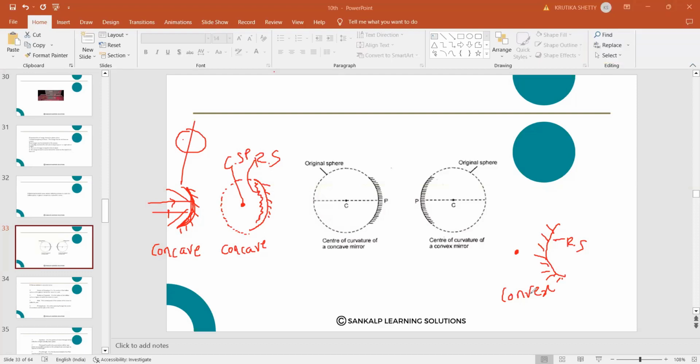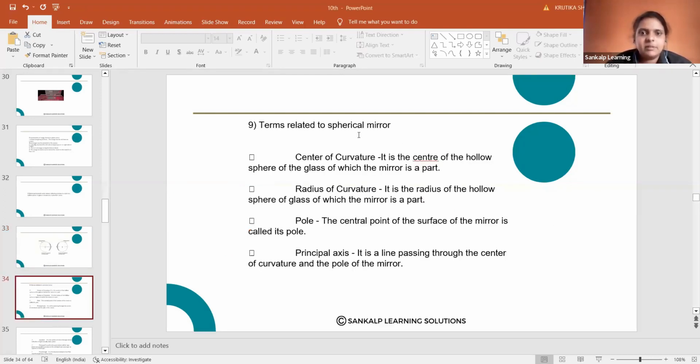So this is regarding the concave mirror and the convex mirror. Now let us see the terms related to them. First I'll show you the terms, then one by one I'll explain. The terms related to spherical mirrors: we have 7 terms in total.